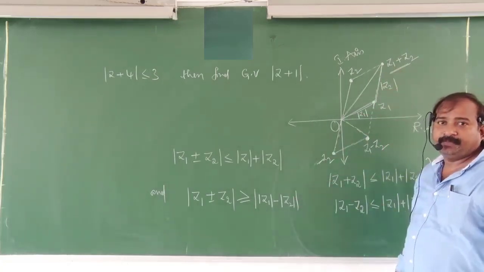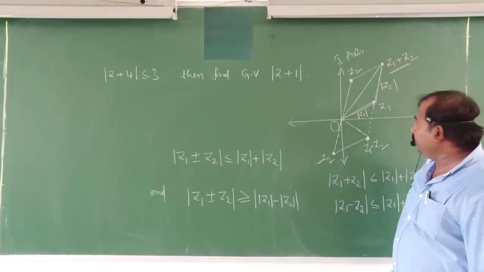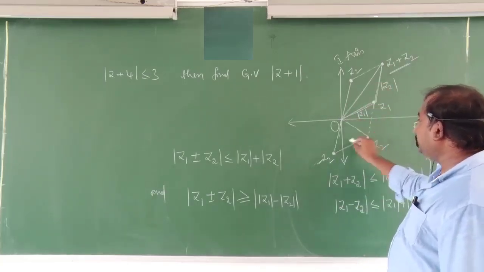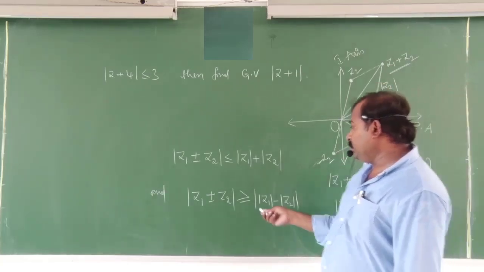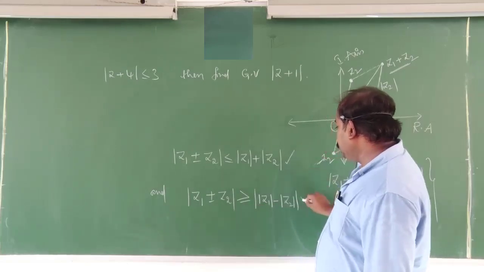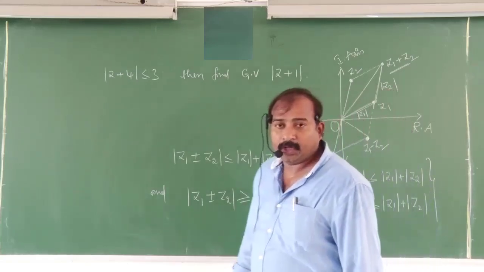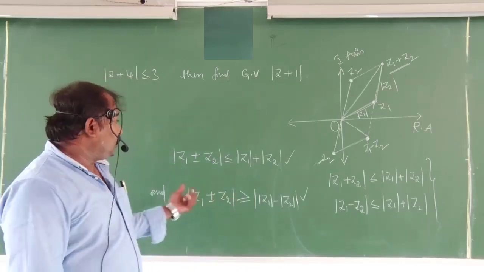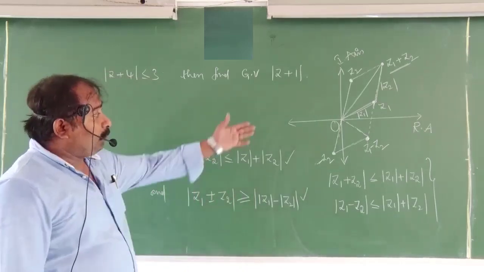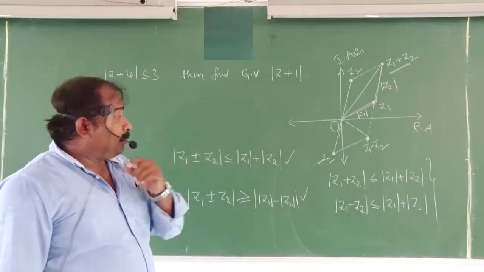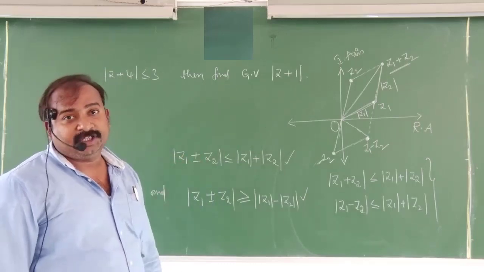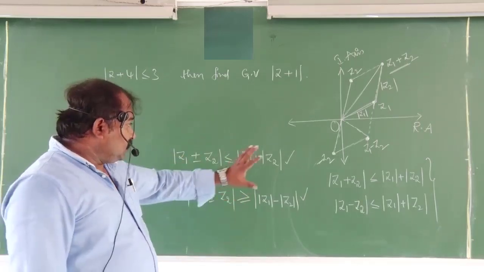Obviously, that is correct. Even with plus or minus, you can take this triangle, so this is always greater than or equal to this. Remember these two inequalities, which we can derive from the geometrical meaning of Z1 plus Z2 and Z1 minus Z2. This is the concept.